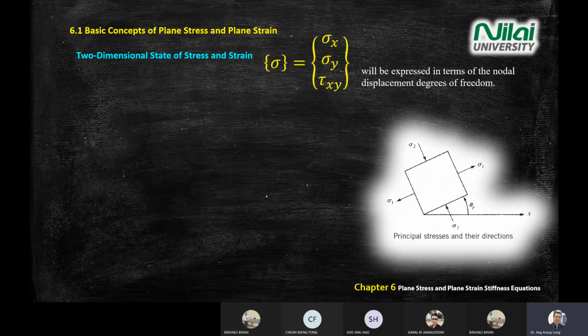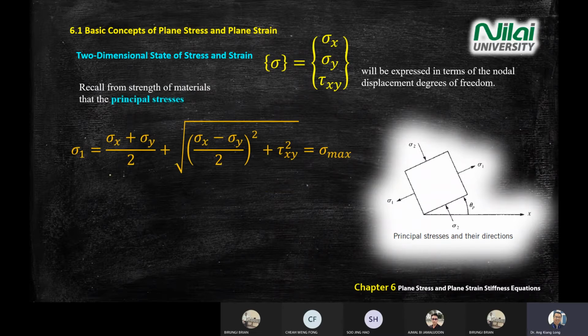Then another one will be this equation. I think you're familiar with this one also. When you are being asked to find the principal stress using the equation, you take sigma x plus sigma y divided by 2, plus the square root of sigma x minus sigma y divided by 2, squared, plus the shear xy squared.